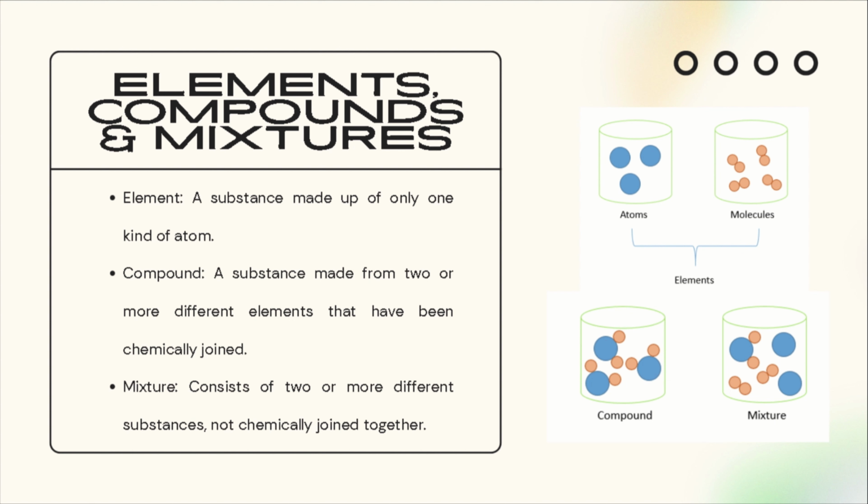As you can see on the side, I have some examples: atoms and molecules of the same atom, so these are elements. Compounds have 2 different types of atom and they are chemically bonded, so that is a compound. And in mixture we have atoms, we have some molecules, and we have some compounds which are not bonded, so this is a mixture which can be separated.